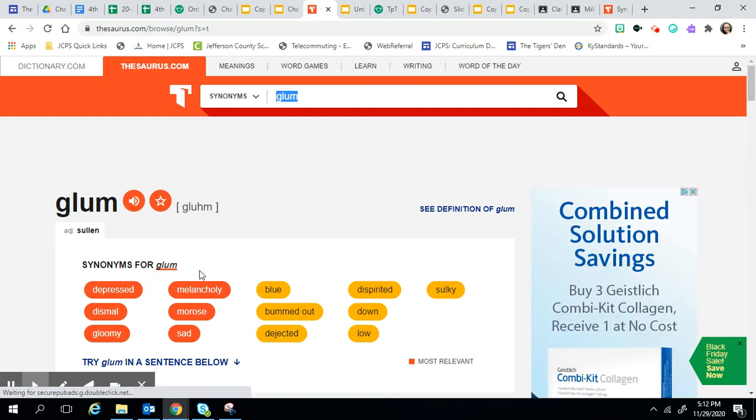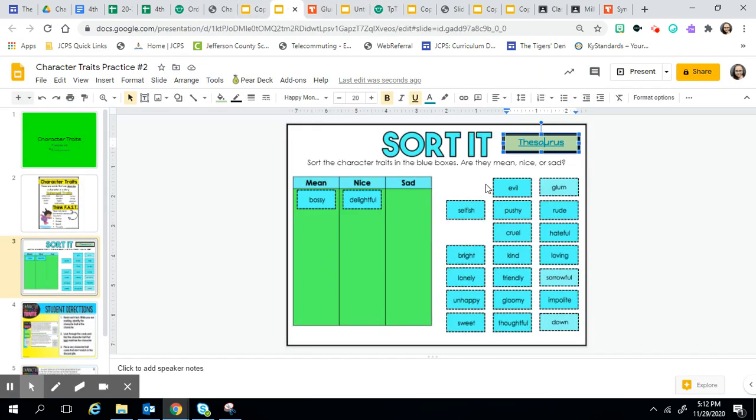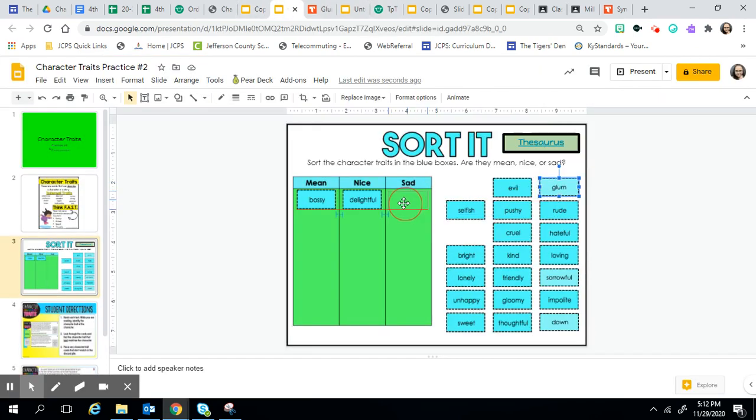Synonyms are words that mean the same as. Well, glum means depressed, melancholy, morose, dismal, gloomy, and look at that, it means sad. So right there, it tells me that it means sad. So I can stop what I'm doing, go back to my assignment, and drag glum under the word sad.